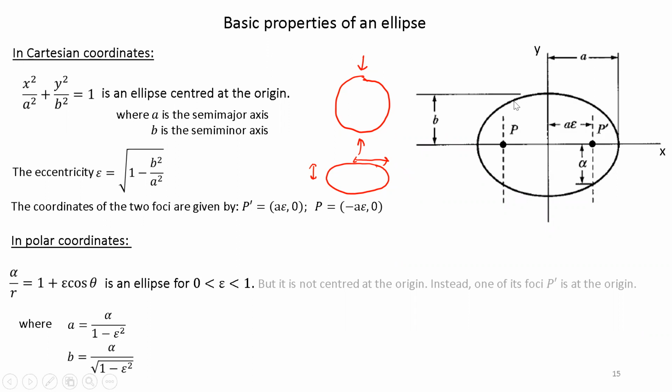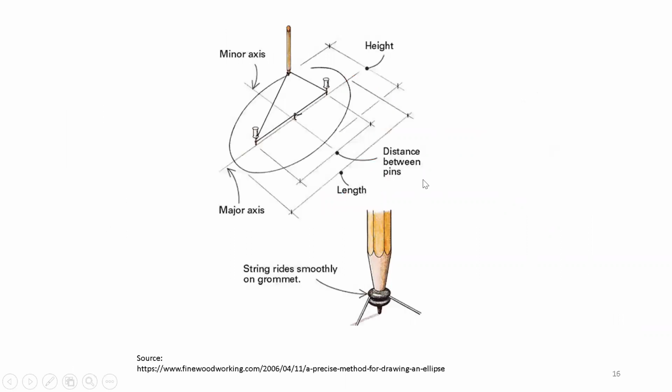Also, in an ellipse there are 2 points that I indicate over here. They are called the foci of the ellipse. What is the geometrical significance of these 2 points? One way to construct the ellipse is the following.